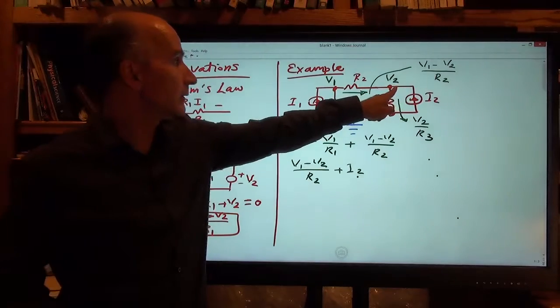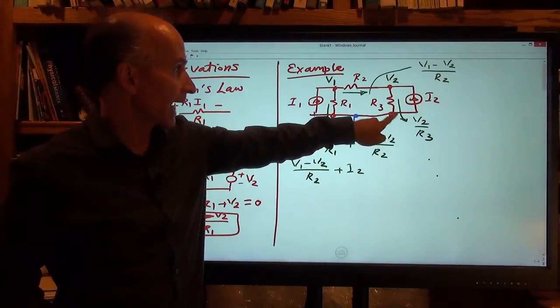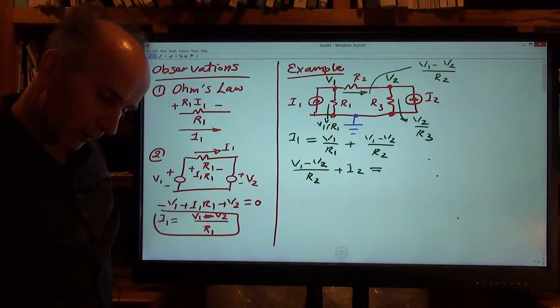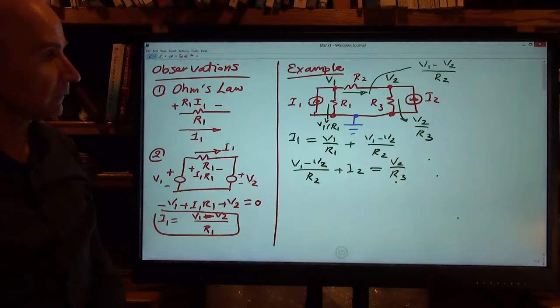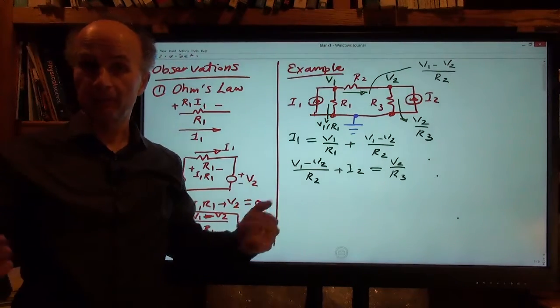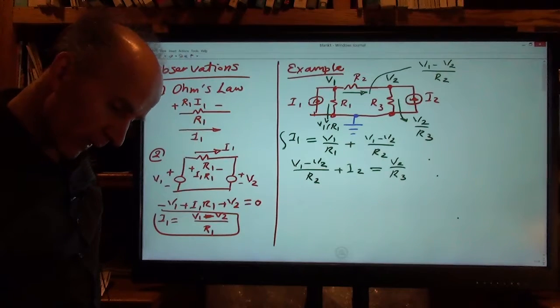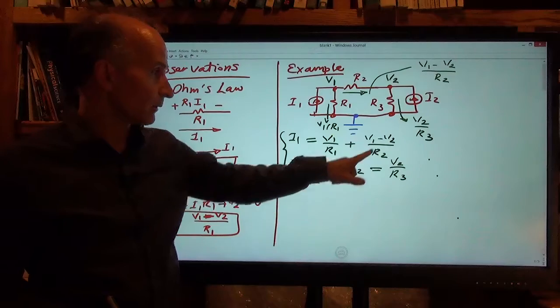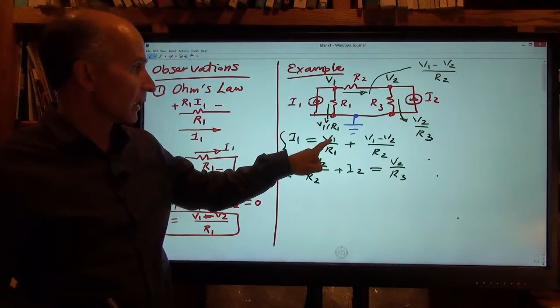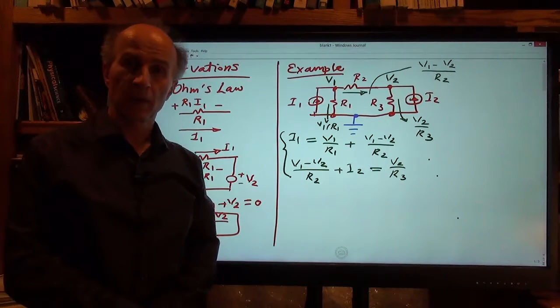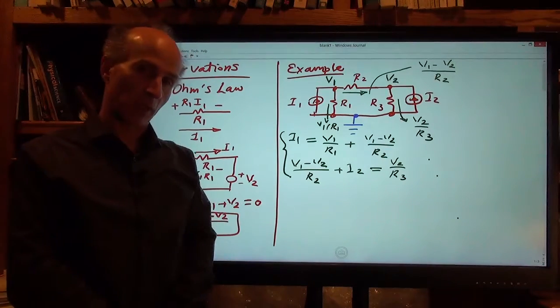And these two have to add up to the current that's flowing out of the node, because this arrow is going out of the node. So that would be equal to V2 over R3. That's it. So now you see that we have two equations and two unknowns. I1 is known, I2 is known, resistors are known. The only things that are not known are V1 and V2. So I have two equations, two unknowns. We solve those equations and we find V1 and V2.